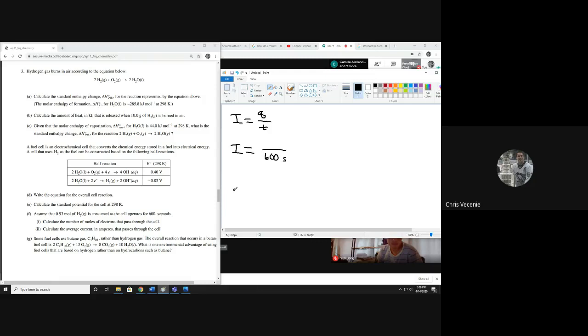So we currently have that we moved 1.86 moles of electrons. What we need to do is make that be coulombs, which is built into some of those bracket problems we've done. We do moles of electrons to coulombs.